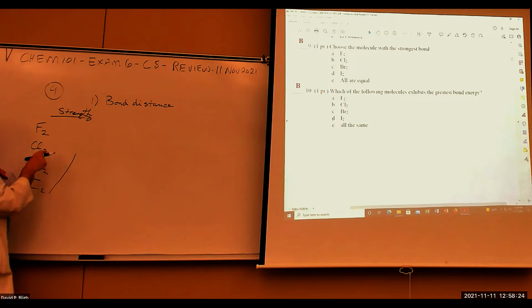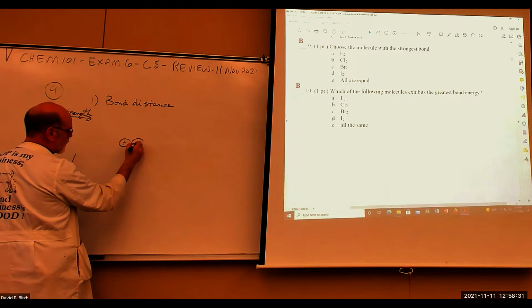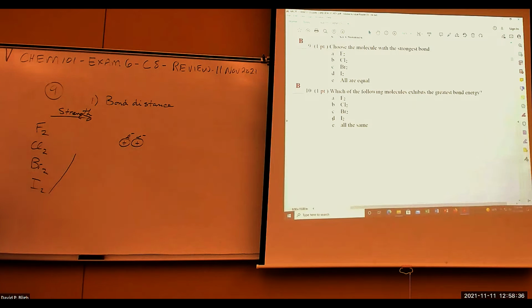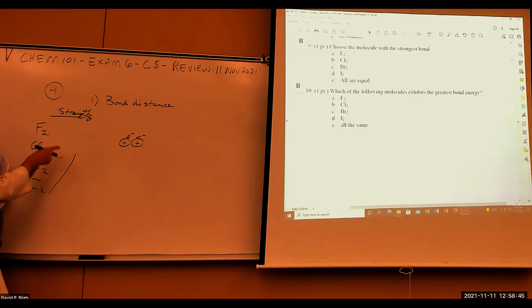The problem is, once you get the nuclei that close to one another, we've got the positive charge here, and we've got the electrons here. The molecule starts to feel more repulsive force, particularly from the nucleus. And that counteracts the covalent overlap of orbitals that we would expect to bring the molecule together in a tighter bond.